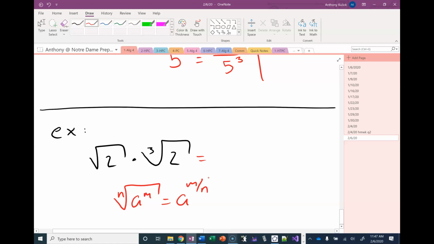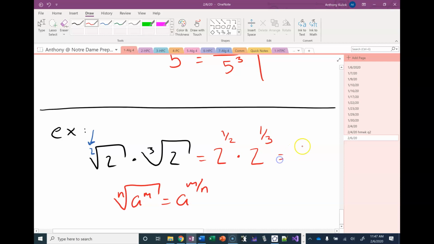So it's 2 to the 1 over 2. Very good. Where did that 2 in the denominator come from, Annalise? The square. Yeah, the index on the square root of 2 is 2, right? Okay. How would I rewrite the cube root of 2 then? Times 2 to the 1 over 3. Very good. Is everybody okay there?